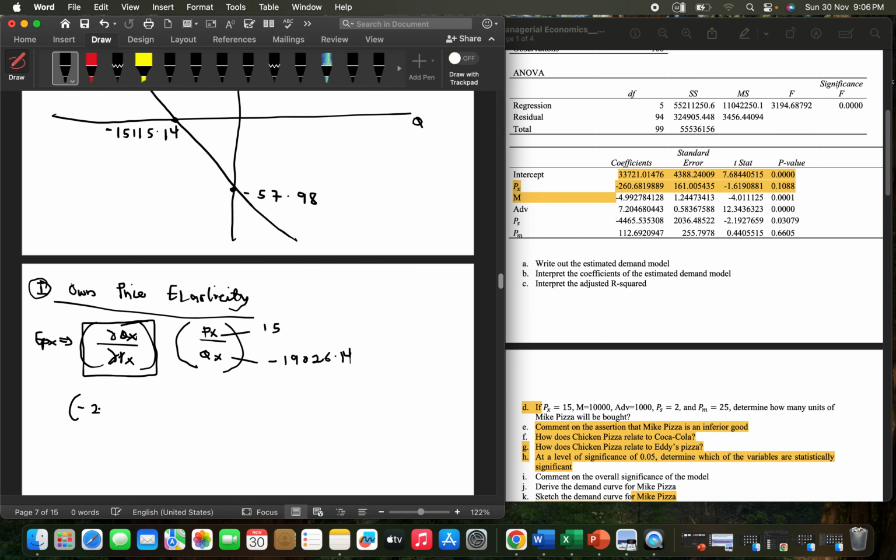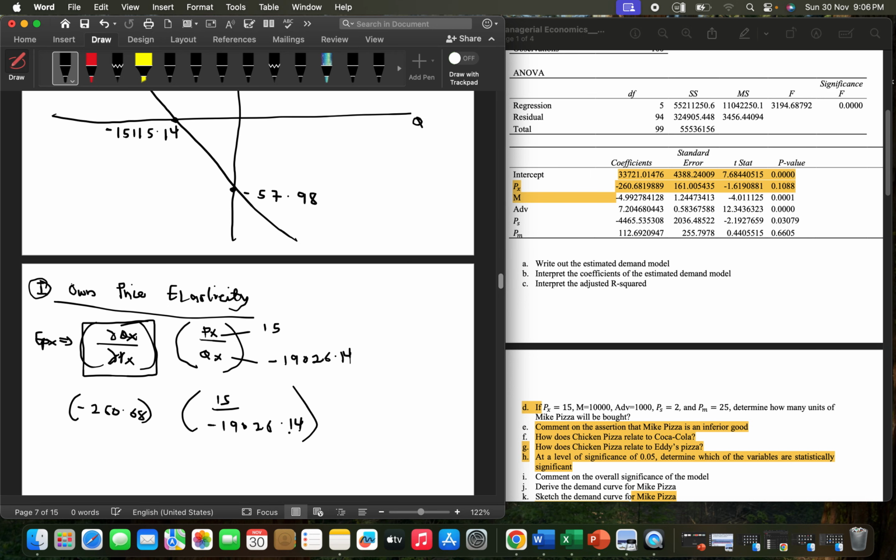So minus 260.68 times the PX, which was given in the question as 15. Then QS, what we solved was minus 19026.14.